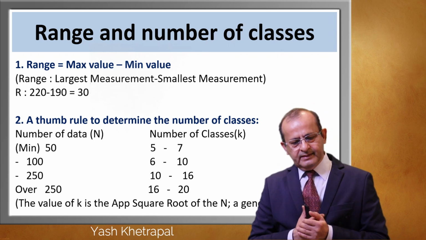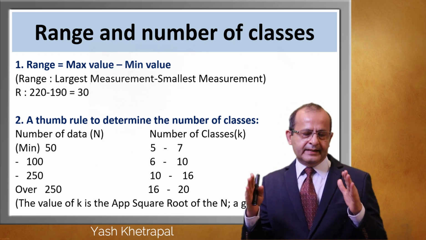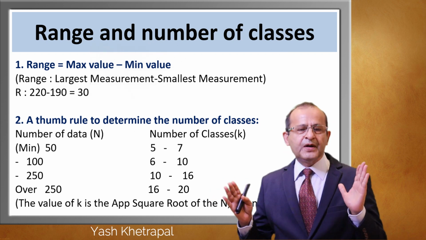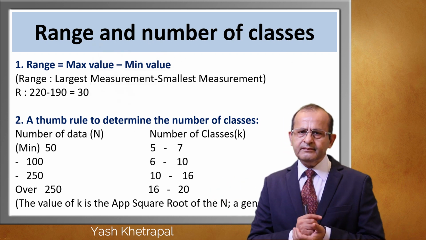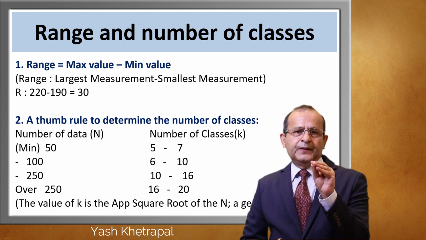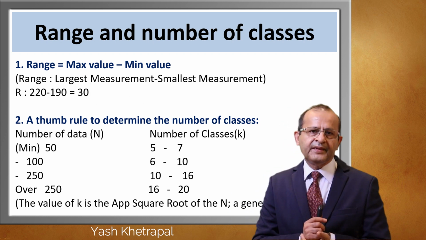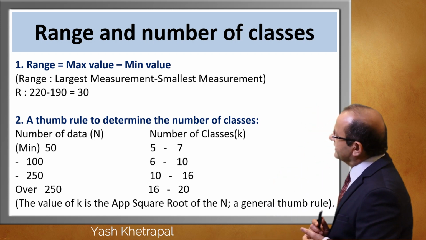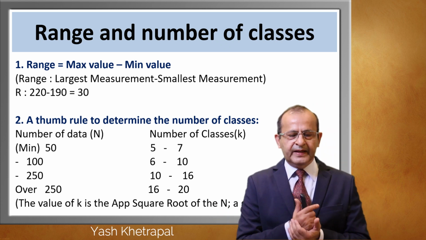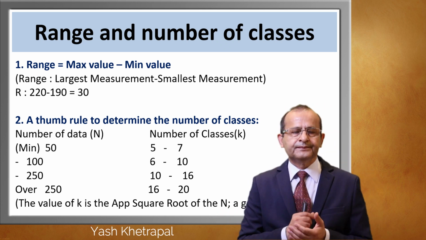The second step is in how many classes the data should be distributed. Number of classes: there's a thumb rule. Approximate square root of the sample size. Here, my sample size is 100, so there is no need for approximation. Straightaway, the root will be 10.